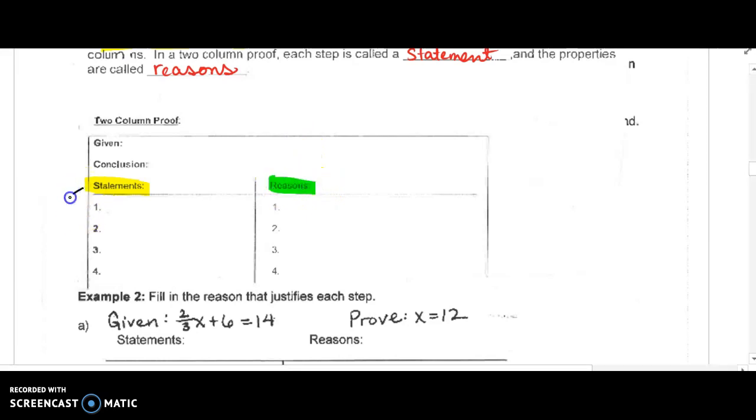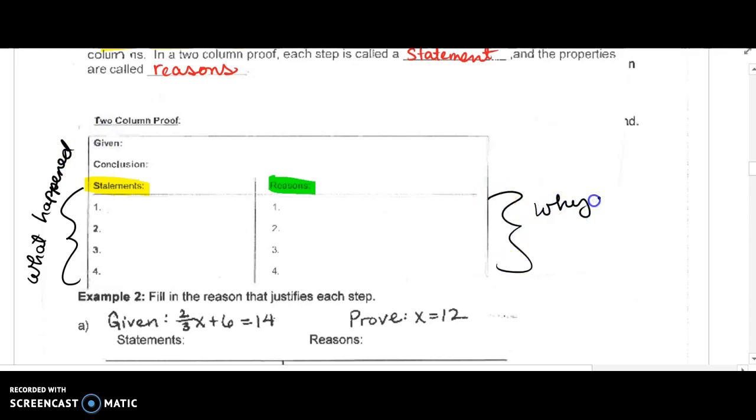So basically this is like what happened or what's happening, and this is like why it happened. Okay, and so for today, this why it happened is going to be our properties of equality on the right-hand side of a proof.